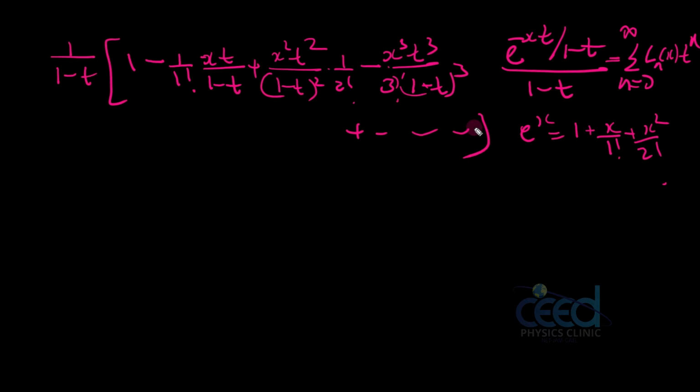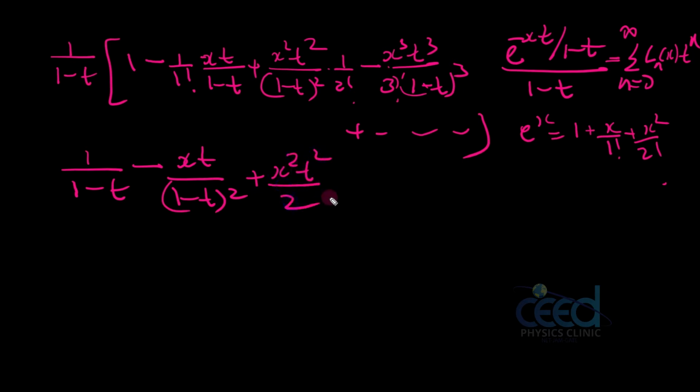So what I am going to do is I can write a few terms. 1 by 1 minus t, I am multiplying this inside, that is xt divided by 1 minus t whole square, and also here we have x square t square divided by 2, right, into 1 by 1 minus t whole cube, right?